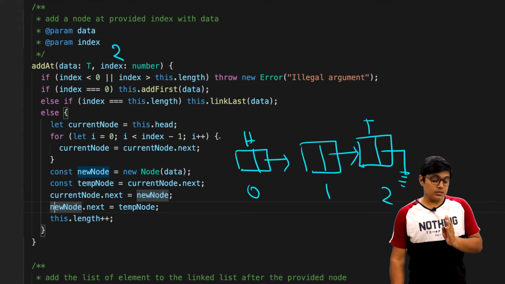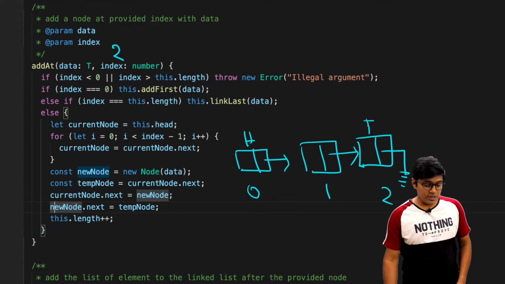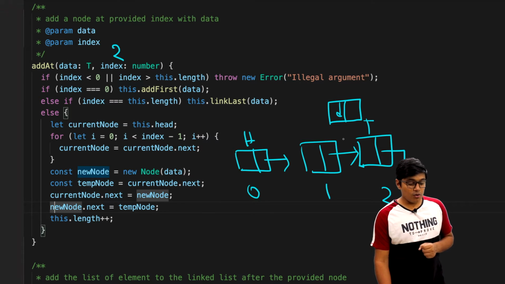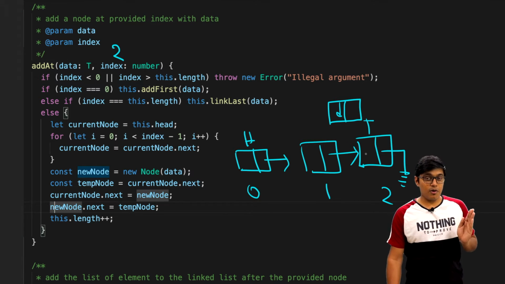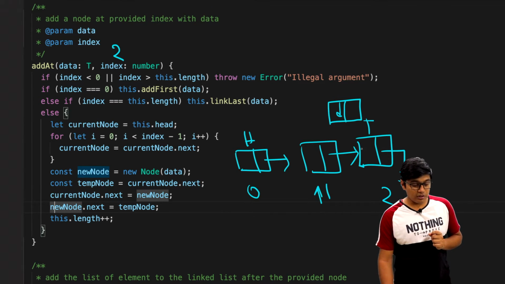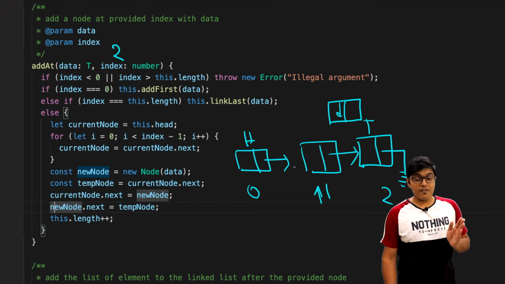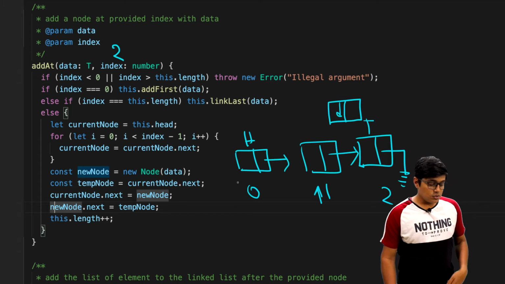Why am I doing index - 1 here? Suppose you want to insert a value node here. As per the previous example, your pointer should be here, so that you can point it to the next, and do all this stuff. So you have to traverse to index - 1. That's what we are doing here.